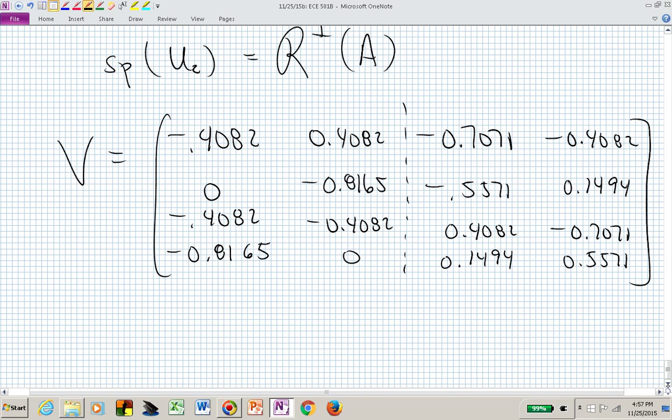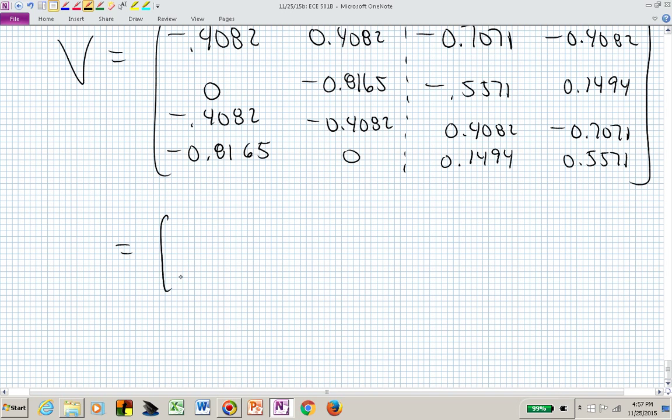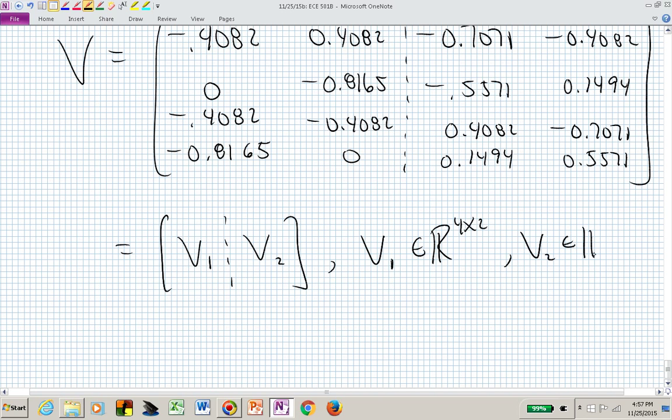So now we can say that V is made up of two submatrices, V sub 1 and V sub 2, with V1 being 4 by 2 and V sub 2 for this particular matrix also 4 by 2.